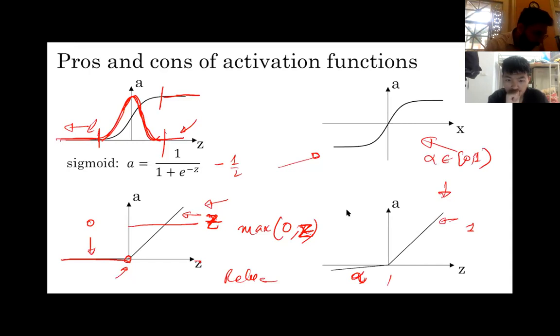So how would we write the expression for this? If I want to write it mathematically, what would this be? Just look at this. This is for ReLU. What would be the expression for leaky ReLU? So it would be max of z and alpha z.